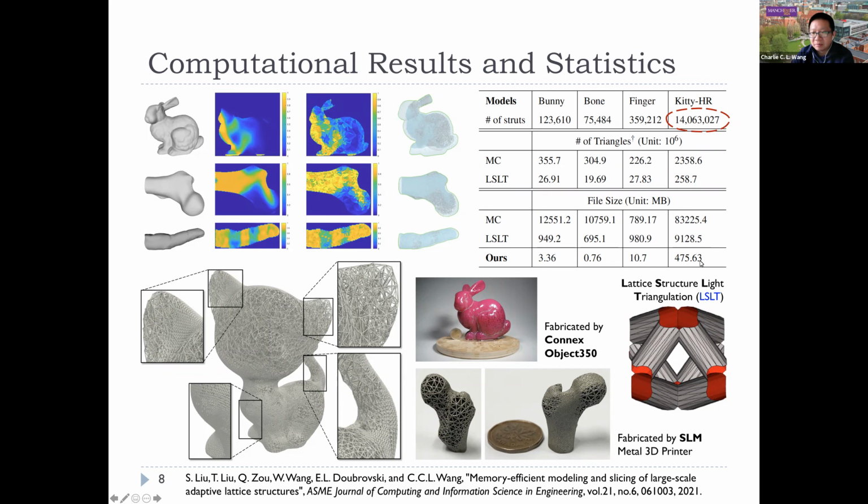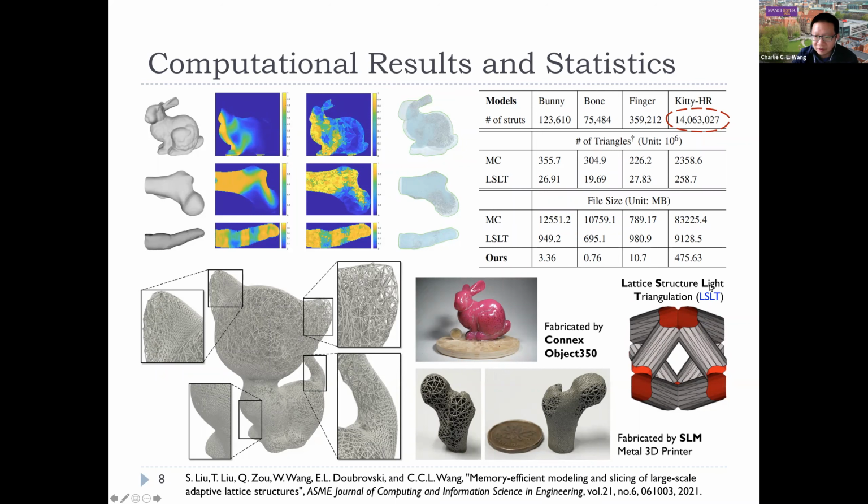At the same time, if we apply this to the marching cubes algorithm, which is widely used in design and computer graphics to convert implicit solids back into a mesh representation, you can find it consumes more than 85 gigabytes of memory.